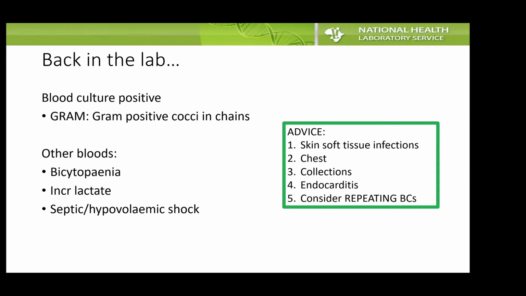So we gave advice based on this. Since we've got gram-positive cocci in chains on a blood culture, please look at the patient's skin, any chest issues, any collections intra-abdominal or in the chest, any occult collections that may require imaging, and consider repeating blood cultures.